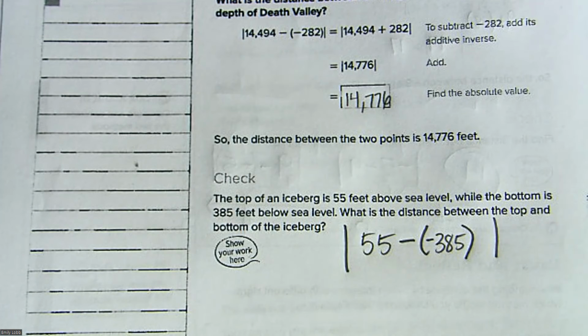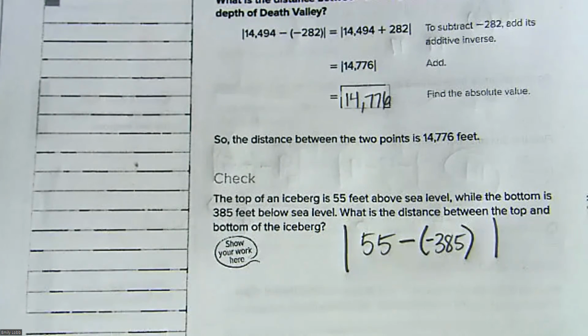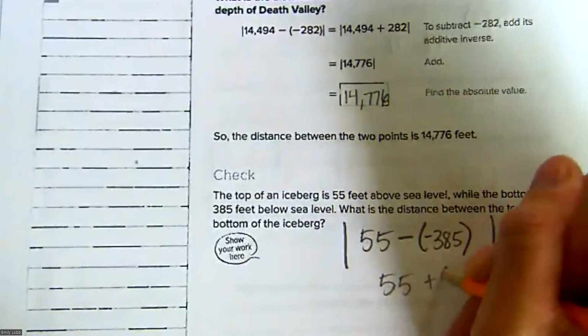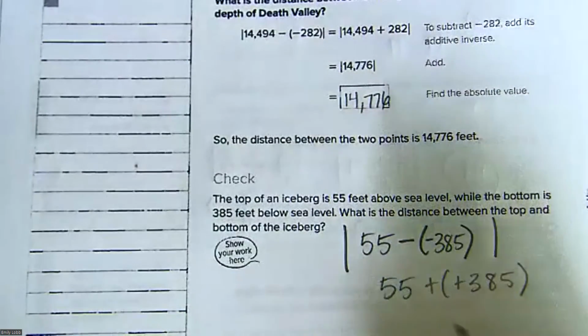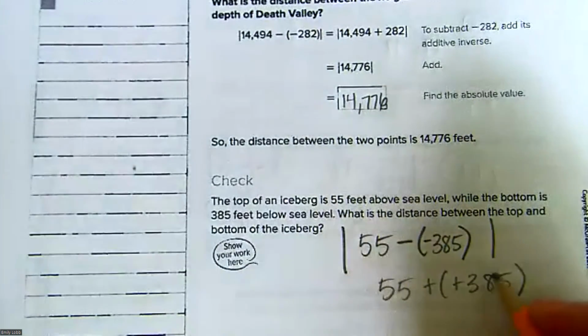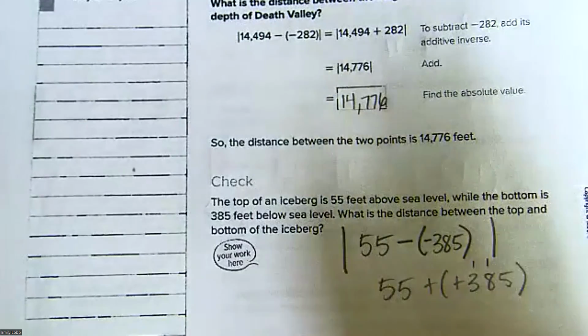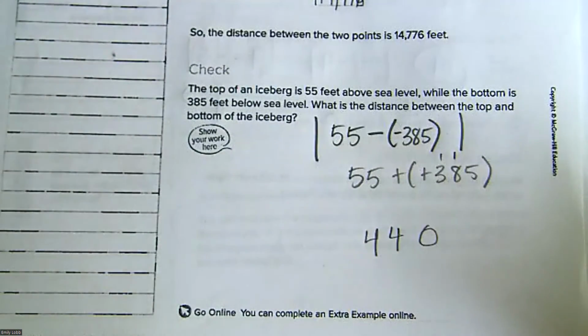Subtracting a negative, we would add them. What did you get? 5 and 5 is 10. 6 and 8 is 14. 440 feet between the two.